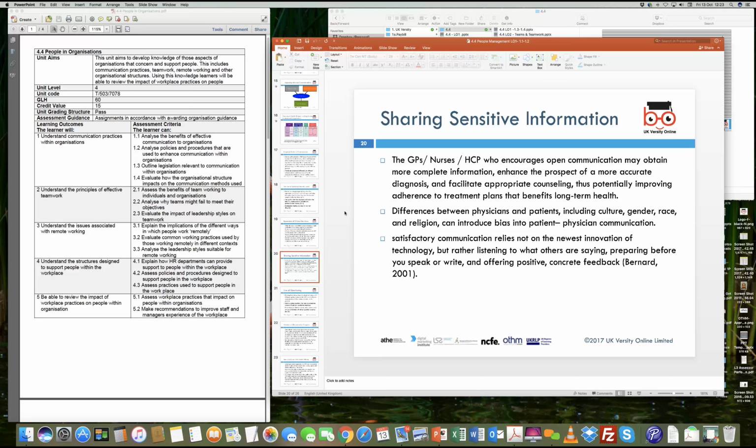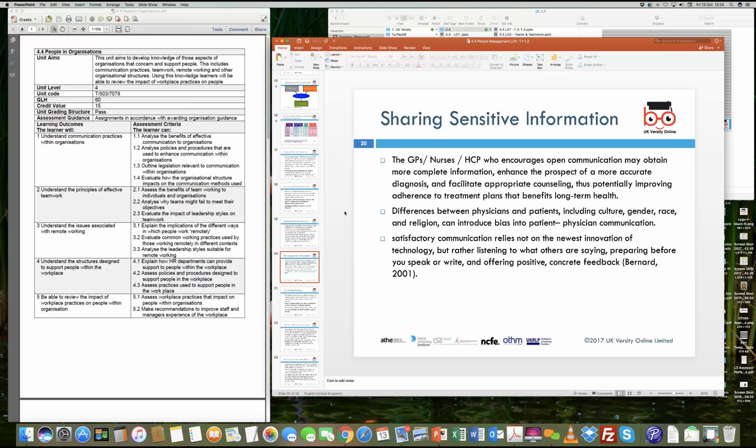Again, people working within the sector, the GPs, the nurses, the healthcare professionals, are very sensitive to sharing information about different people, and they go through a certain bit of security checks to be able to discuss this with you, or with a representative in case translation is required, or if the person is not able to speak, then they get somebody else, like a family member, to come in and do the communication.